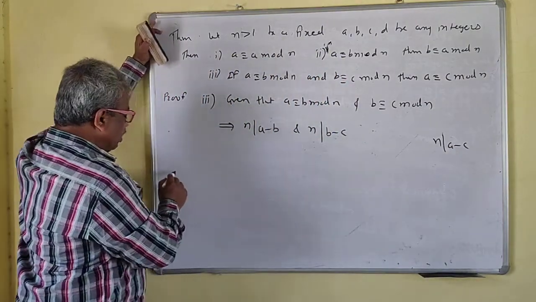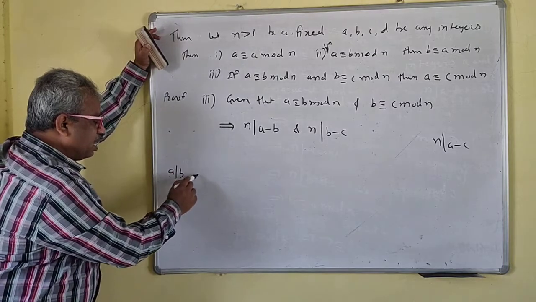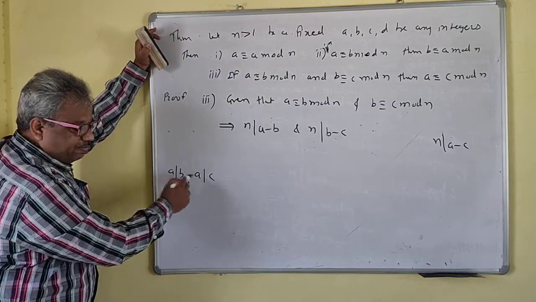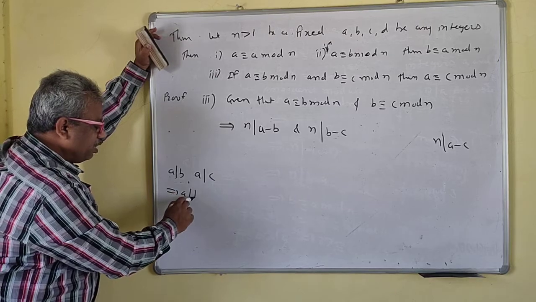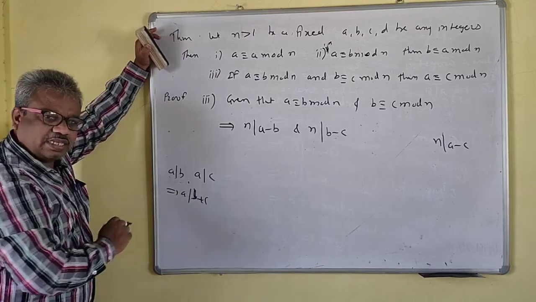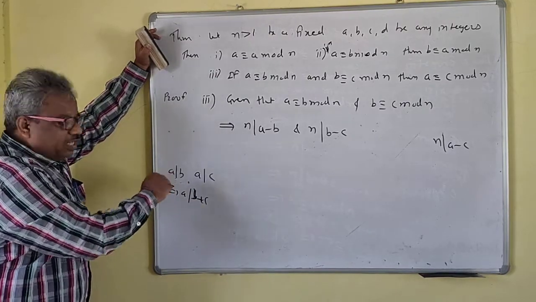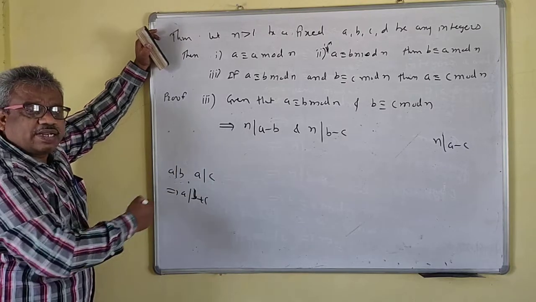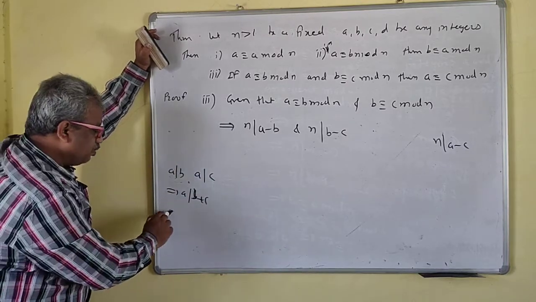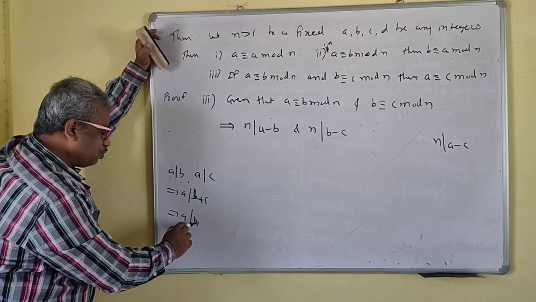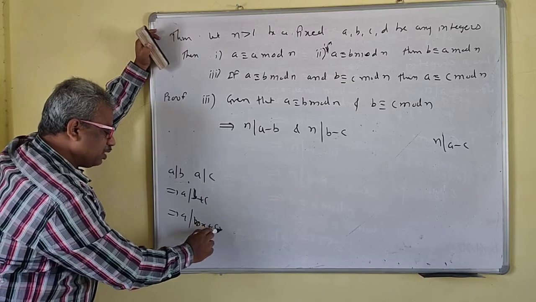Now we know that if a divides b and a divides c, both a's are the same here, then a divides b plus c also, or b minus c also. You can multiply b by any number and c by any number and take the addition or subtraction, whatever you want. That means a divides bx plus cy also.